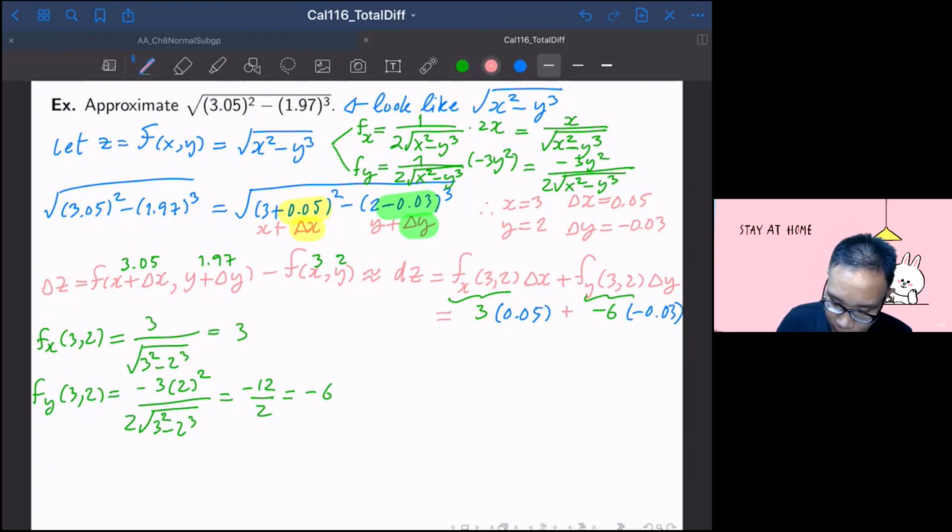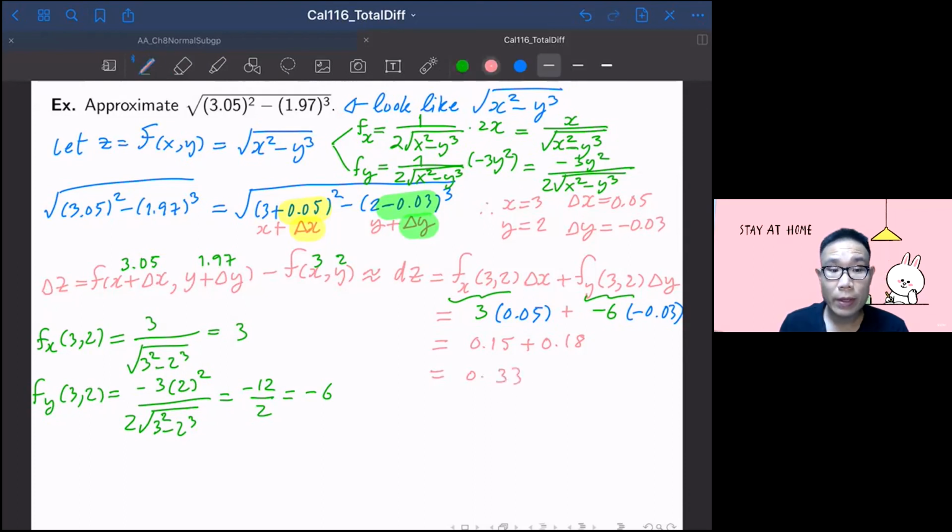So this will be 0.15 plus 0.18, and it's going to be 0.33, not 23, 33.